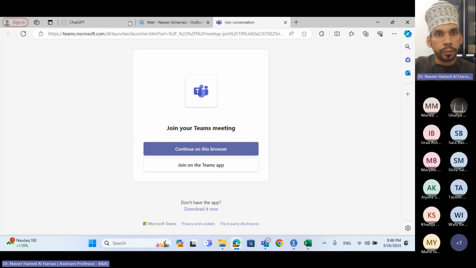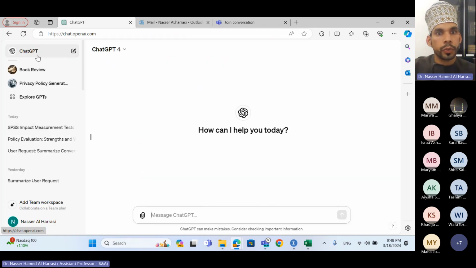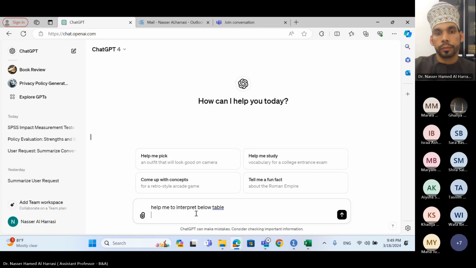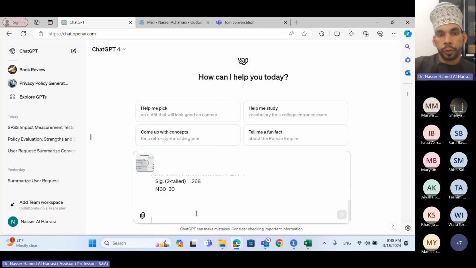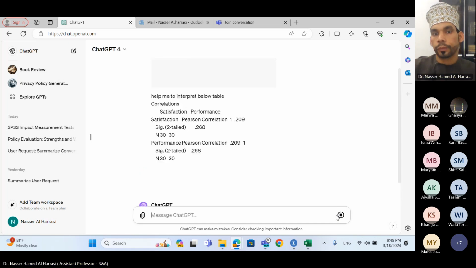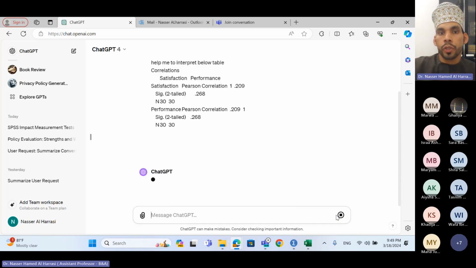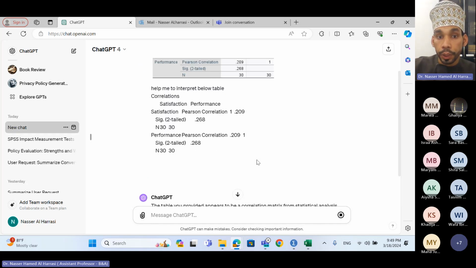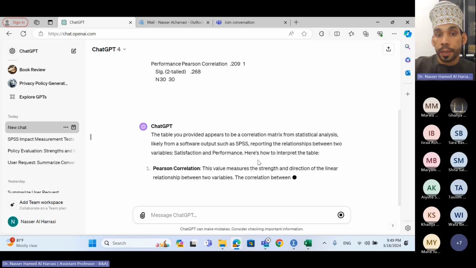Open a new chat, and say: help me to interpret the below table. I will put the table here, then click OK. So ChatGPT now will start helping me to understand the table.